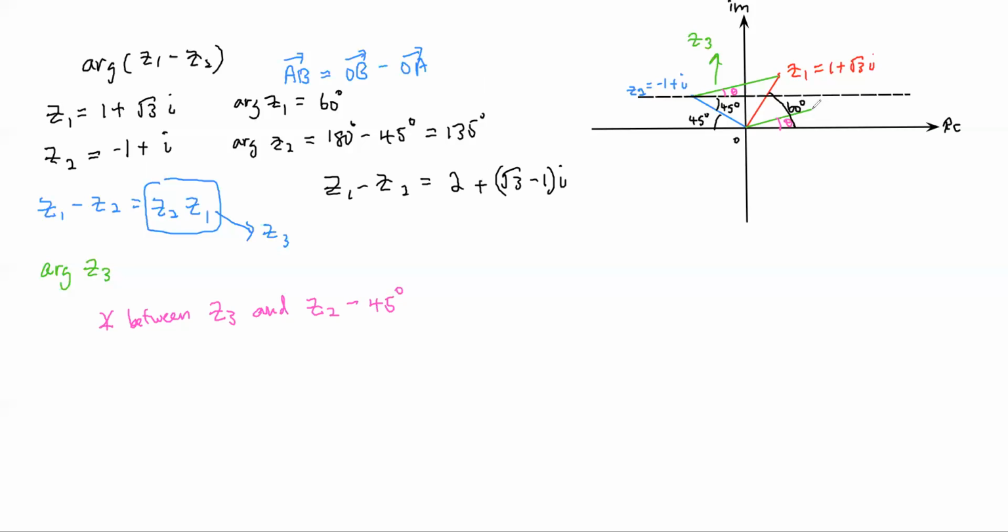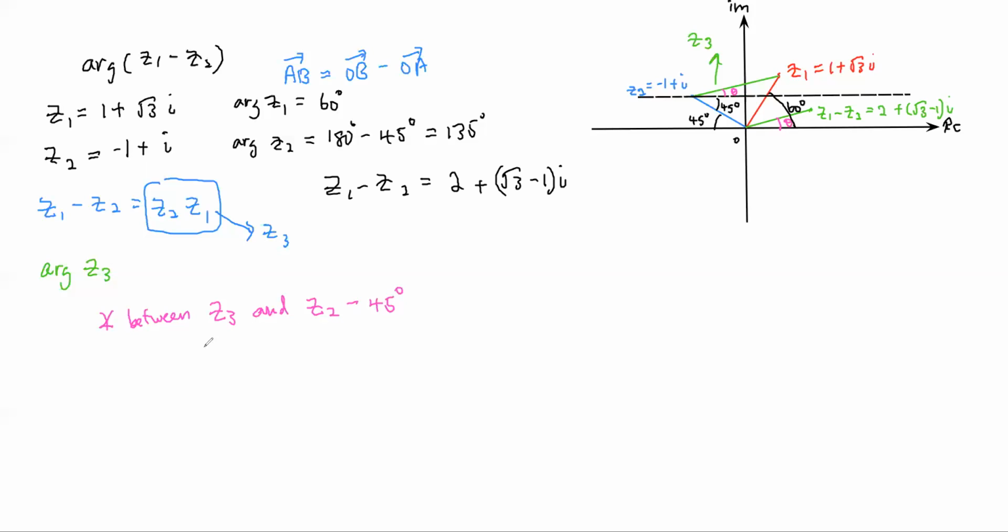This is actually Z1 minus Z2. That makes sense, right? The pink angle is actually the argument of Z1 minus Z2. So let's go back to find the angle between Z3 and Z2.